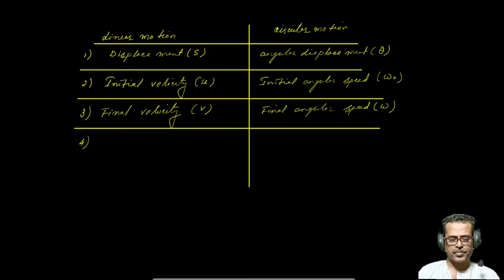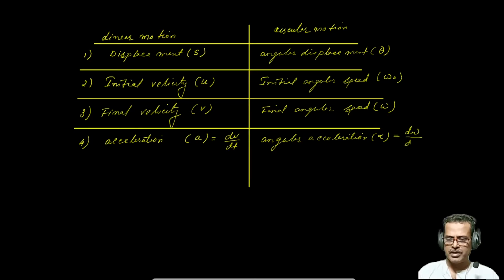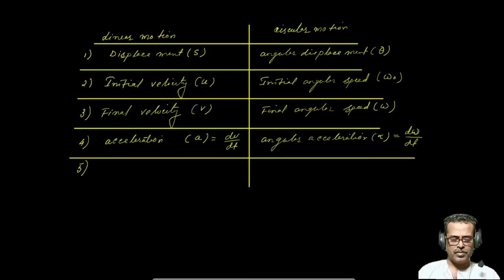Fourth, acceleration is equal to dv dt, and angular acceleration is symbolized by alpha, and that is equal to d omega dt. Fifth, the formula V is equal to U plus AT, and omega is equal to omega 0 plus alpha t.